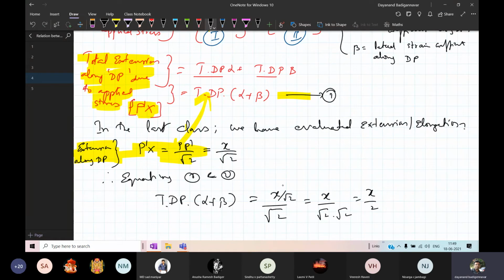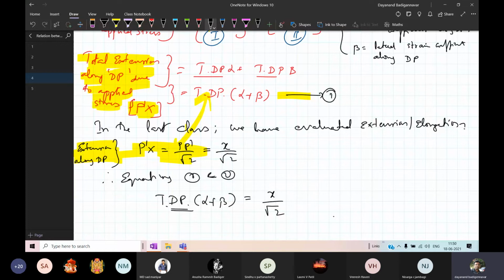Just a minute. From 1 and 2, I can write like this: T into DP.